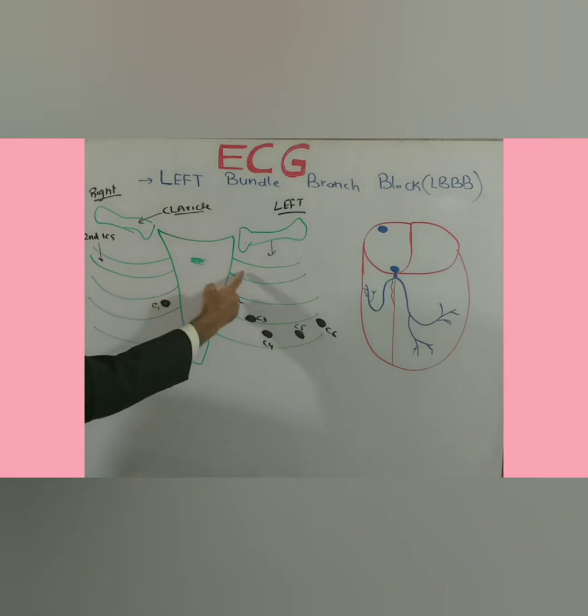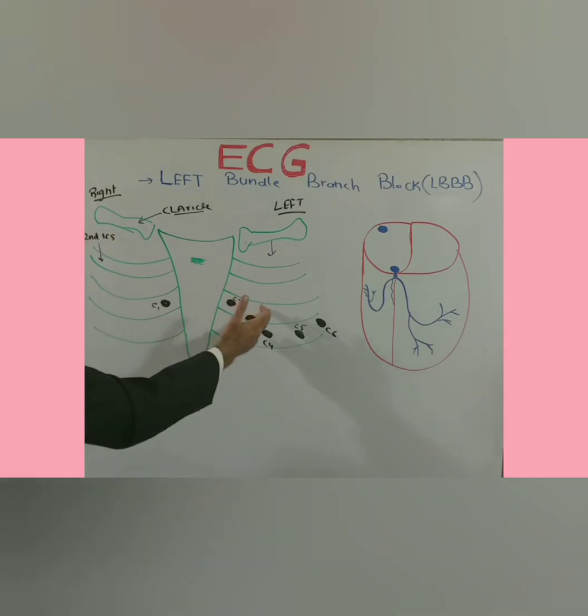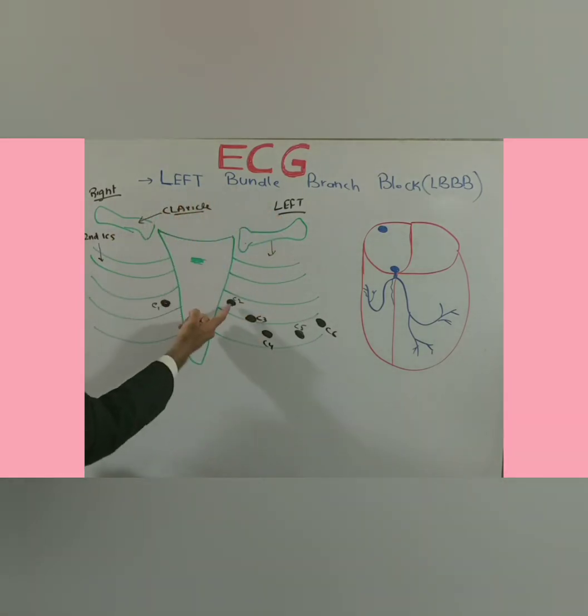Parallel to it is the second intercostal space, which is used to anatomically localize the intercostal spaces. Then if we come downwards after the third, there is the fourth intercostal space. In the fourth intercostal space, on the right parasternal side, we place C1. On the left parasternal side, in the fourth intercostal space, we place C2.